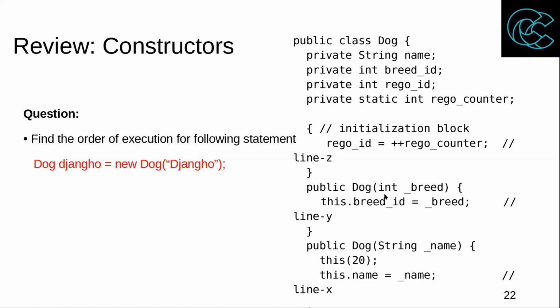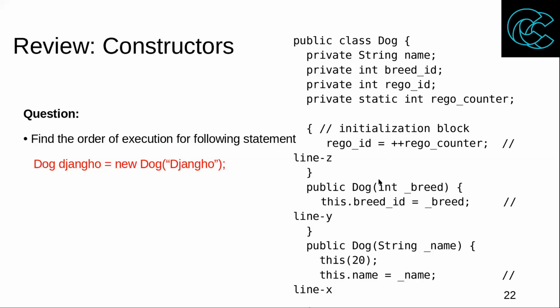There are two constructors here. One constructor takes an integer argument, and the other constructor takes a string. So there can be multiple constructors, and there can also be a constructor with empty parameters, and constructors with multiple different parameters. For example, you can have a constructor that takes 3 parameters: name, breed, ID, and rego is the registration number of the dog. So you can have all these 3 as inputs.